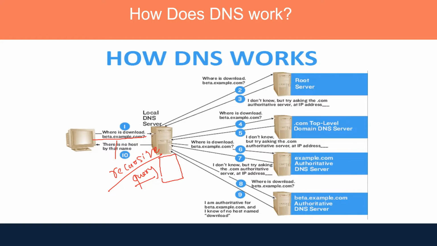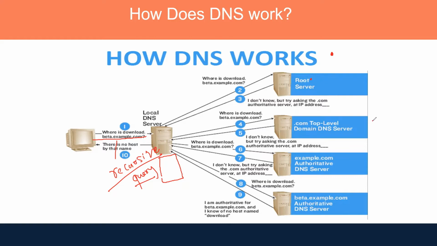If the local DNS does not find it, then it sends that query to the root level server. Root level server means the dot server. The query goes to the dot server, or root server. The root server does not contain any record for this, but it contains the names of the top level DNS, for example .com, .org.